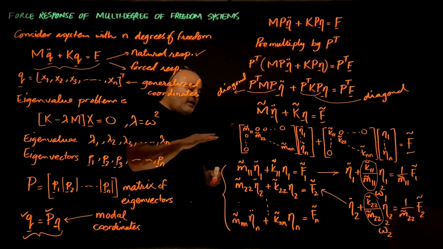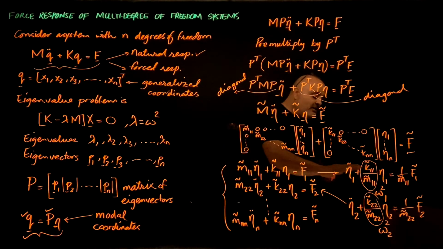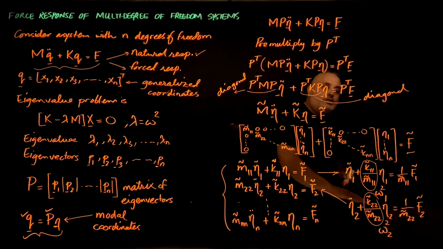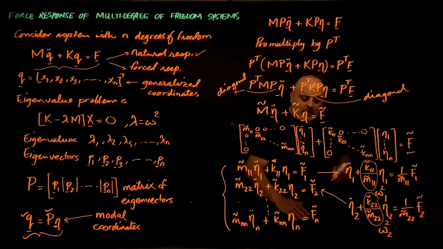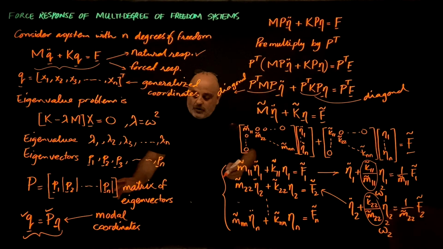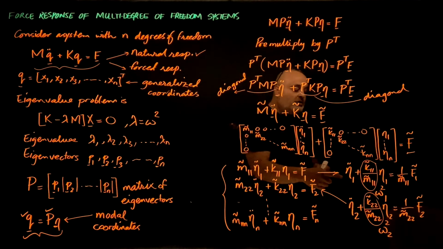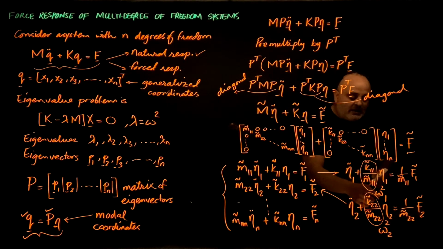So I now have a number of systems, all single degree of freedom systems. Each system has a distinct frequency, omega 1, omega 2, all the way to omega n. That's why we call these etas modal coordinates, because each one of these coordinates responds at one frequency.